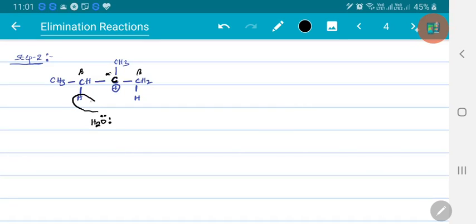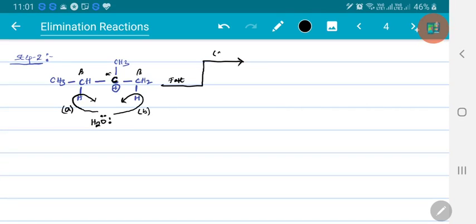It may abstract hydrogen from here, or it may abstract hydrogen from here, in either direction. Let me call this path A and this path B. But anyhow, it is a fast reaction. Assume it is following path A.